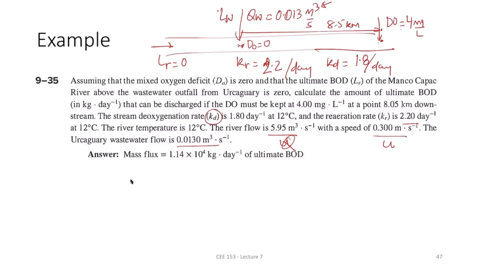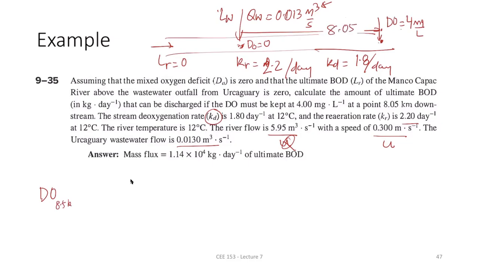So first of all, think of what the equation for DO at that spot would be. So you know DO at 8.05 kilometers, I'm just going to correct it. 8.05 kilometers.